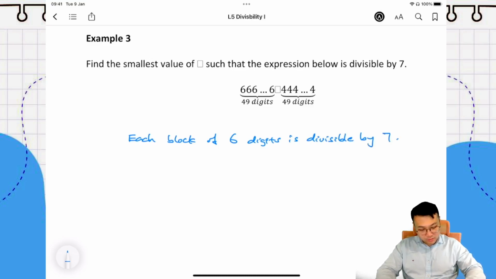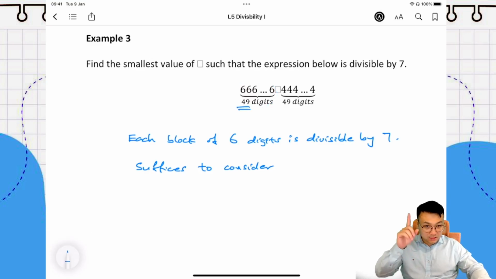So what can we do? We group all of them together in blocks of 6. If you have 49 digits here, 6 times 8 equals 48. If you have 8 groups of 6, that will give you 48 digits.